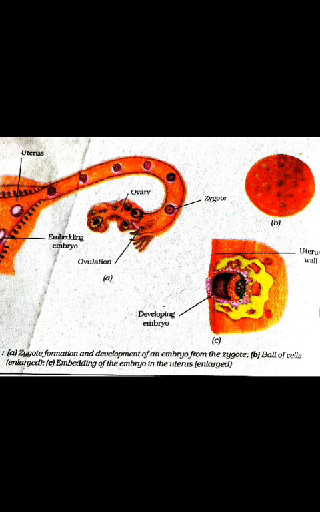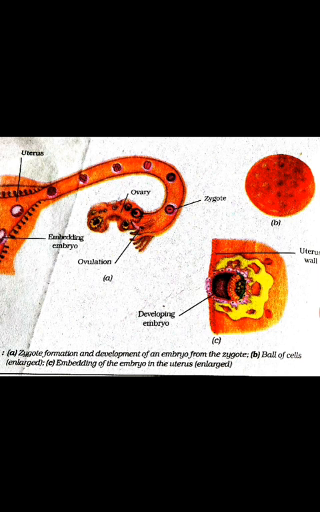The second one is the ball of cells, because already I told you, the zygote divides repeatedly to give rise to a ball of cells, shown in picture B. Then these cells begin to form groups that develop into different tissues and also organs of the body, and this developing structure is called an embryo. Then this embryo gets embedded in the wall of the uterus for its further development.